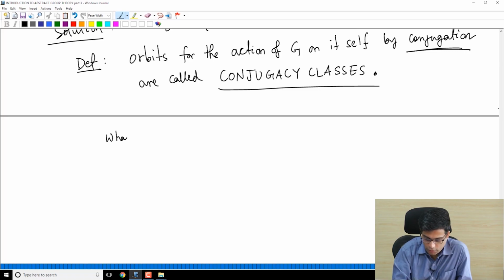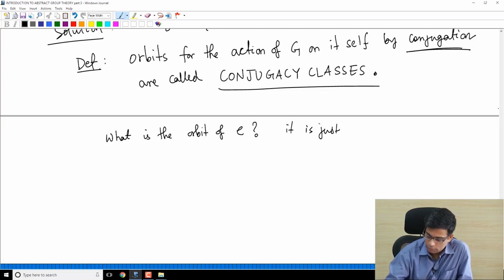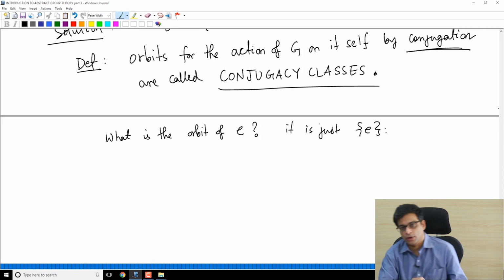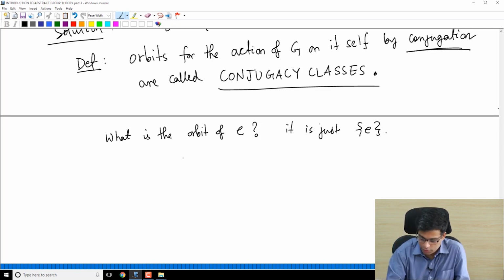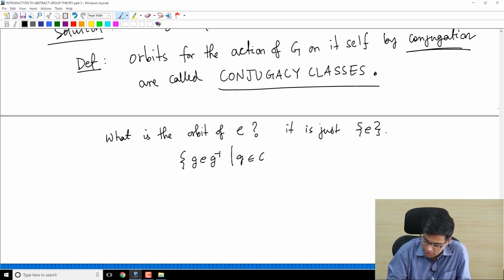So what is the orbit of e? Remember, the orbit of e for the conjugation action is just e, because we have to do g e g inverse as g varies in G, but this is just e.